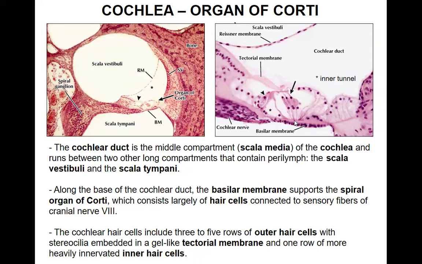It will move the outer hair cells and the inner hair cells that have their cilia stuck into this tectorial membrane. And that will trigger the action potential, especially from the inner hair cells, also to some extent from the outer hair cells. And this is how the sound is detected.